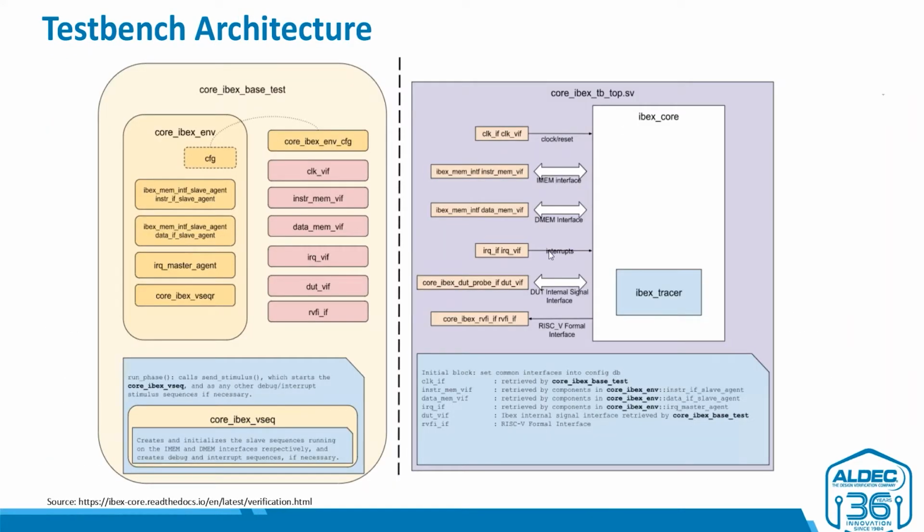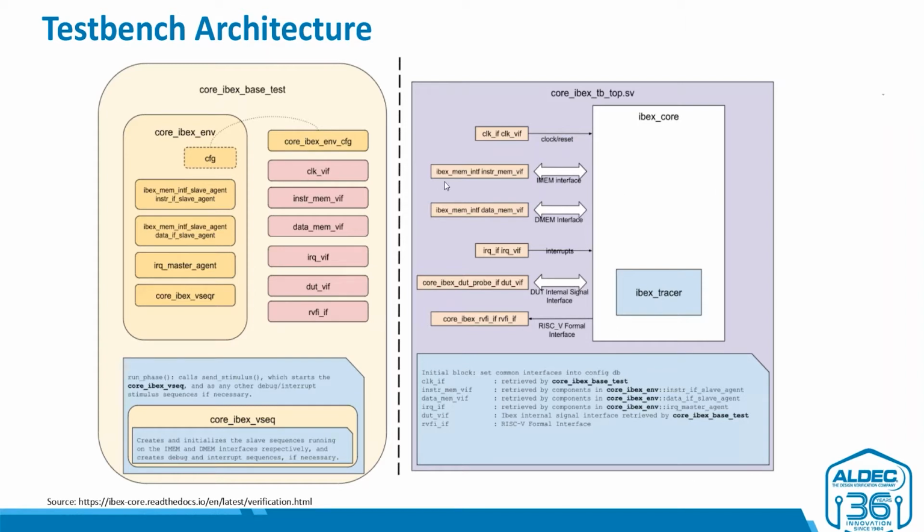This is the test bench architecture of the verification environment. And as you can see, we have these rounded blocks, which are SV dynamic objects or like classes. And we also have the square ones, which are actual SV modules, like a module or an interface.